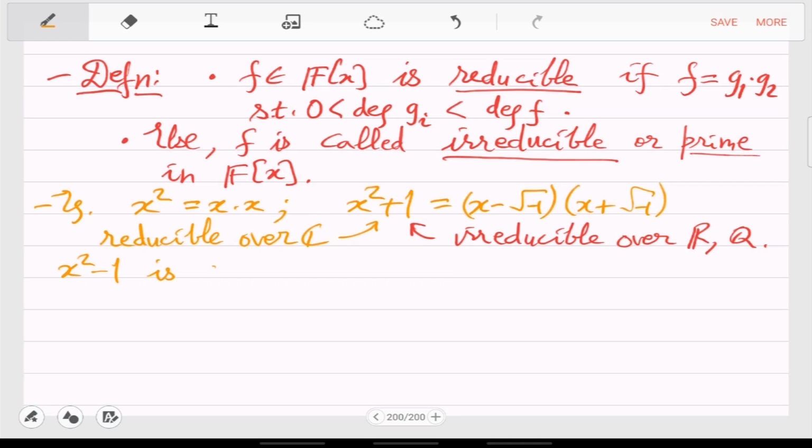It is always reducible. What about x plus 1? So all linear polynomials, degree 1 polynomials, are by definition irreducible.